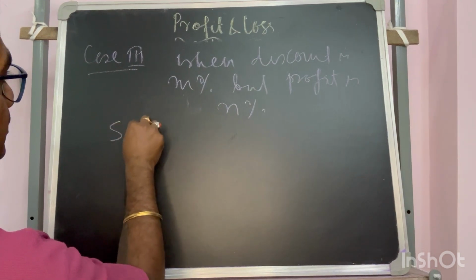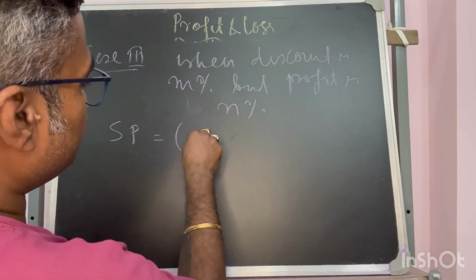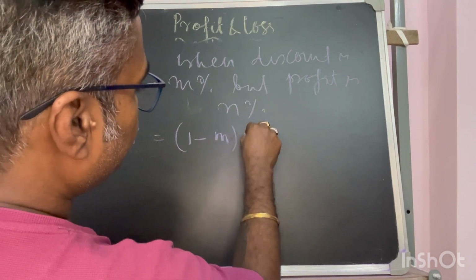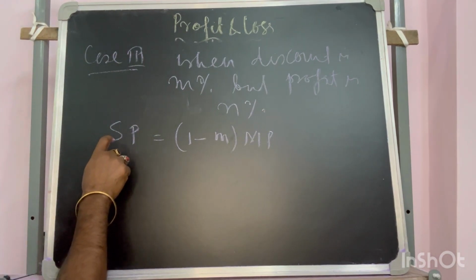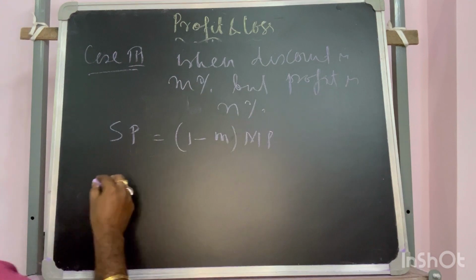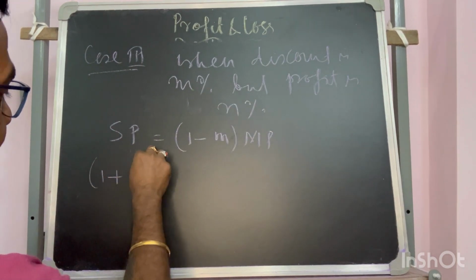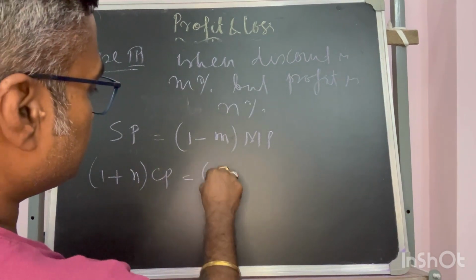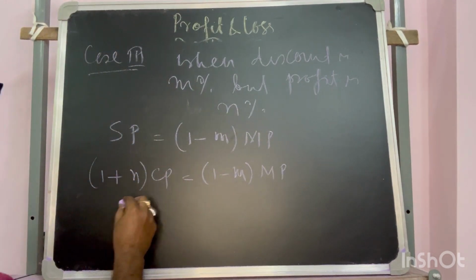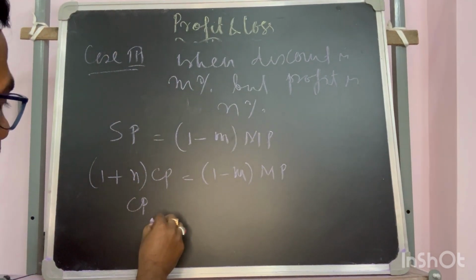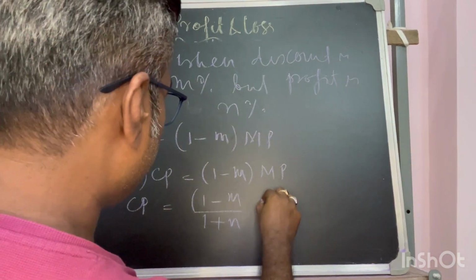Sell price, I will consider M. With the M discount, the sell price will become 1 minus M into market price. But the sell price depends on the profit. If he is making N profit, his cost price will become this: 1 minus M into MP, so CP is 1 minus M divided by 1 plus N into MP.